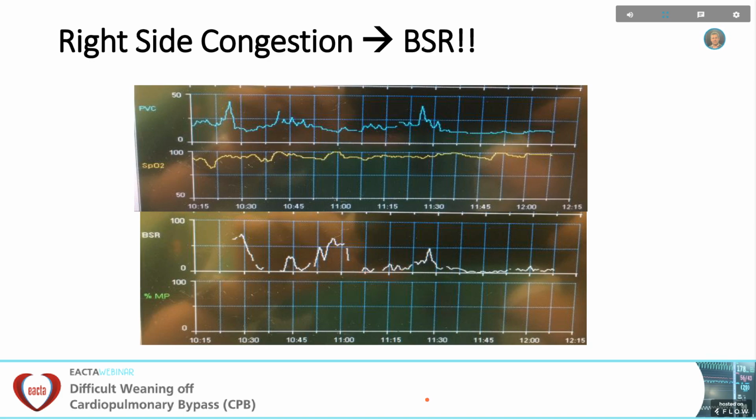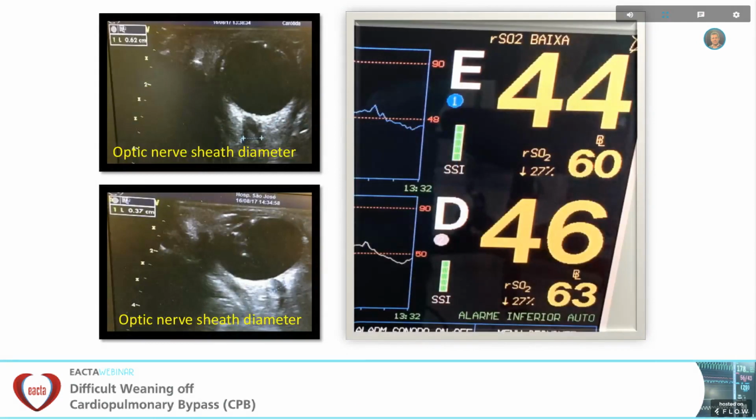So we can use optic nerve sheath diameter to see the adequacy of the relief in the pressure of the right side of the heart.